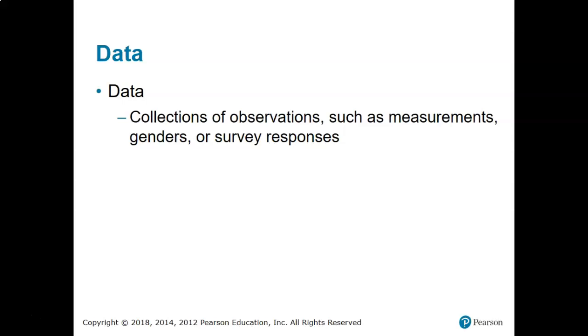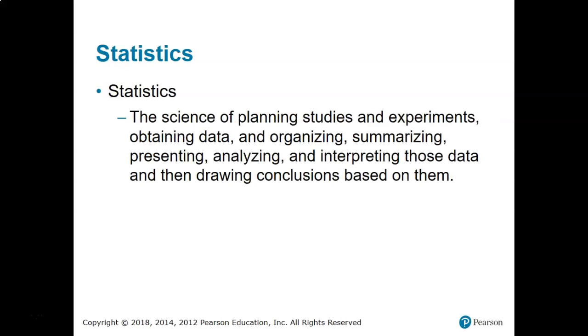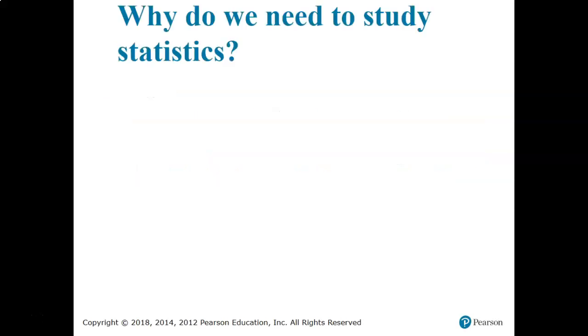It could be lots of different types of values, whether they're numeric or categorical data, as we'll talk about a little bit later. Okay, so statistics by definition is the science of planning studies and experiments, obtaining the data, and then organizing, summarizing, presenting, analyzing, and finally interpreting the data, and then being able to draw conclusions based on that.